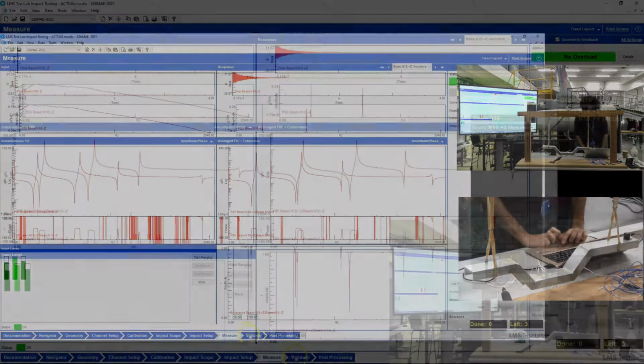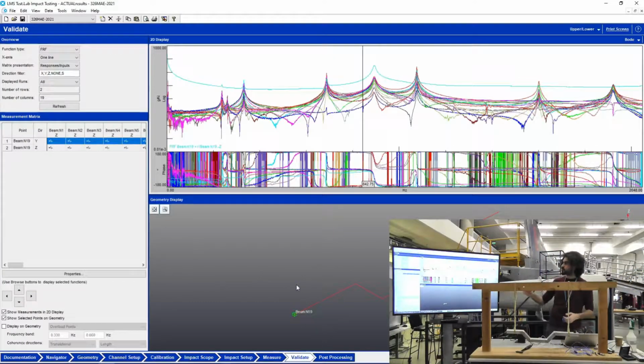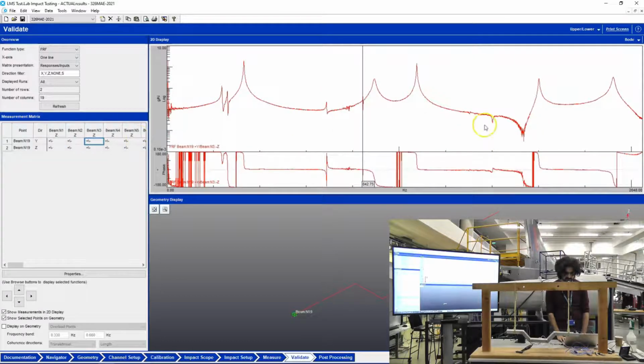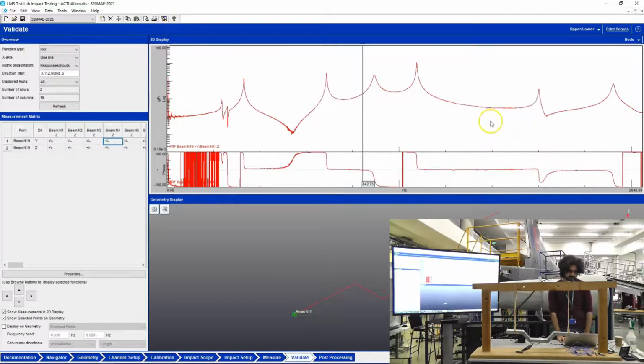Now I go on to the validation tab. The validation tab shows you all the frequency response functions that we captured, all of them. You can look at them one by one to see if anyone is noisy or has issues. Now this one looks noisy, but that's because this is the part where we had the low coherence, remember? It doesn't matter, it's not a peak, it's called an anti-resonance. So that's fine.